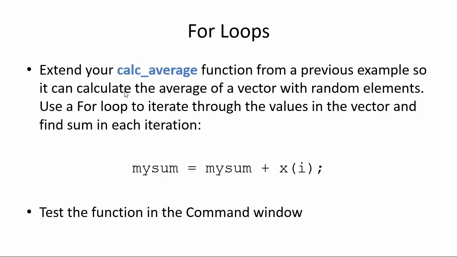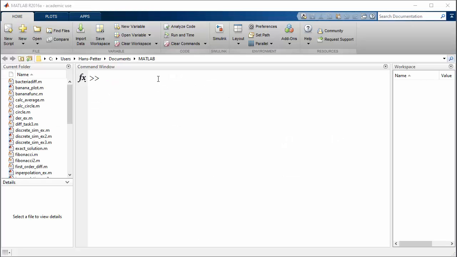So the input to the function can be a vector of whatever length you want. So that using this for loop, we can make this function more general, and the input can be of any length. So let's see how we can create this function in MATLAB using a for loop.